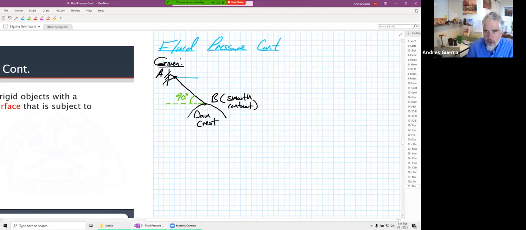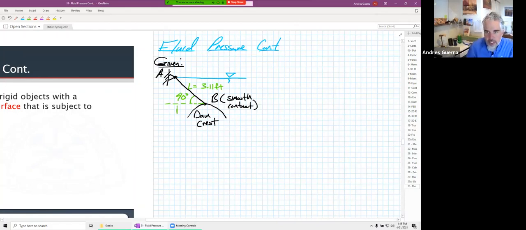We'll put our water all the way up to the top of that surface right there. And then we have some other dimensions on here, like the length of the gate from A to B is equal to 3.11 feet. So it was more like 30 feet, but we're going to go with 3.11.